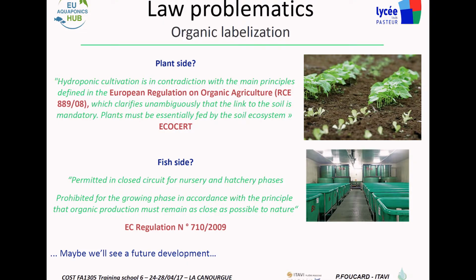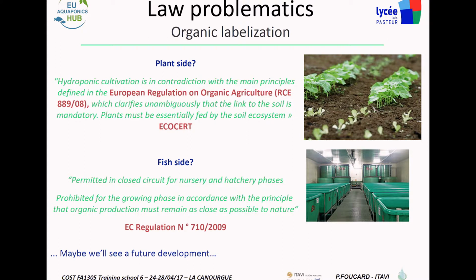And then about the organic labelization. So we all know that it's forbidden both for the plants and for the fish side because it's soilless for the plants, so it's in contradiction with the principle of organic agriculture defined in the European regulation.